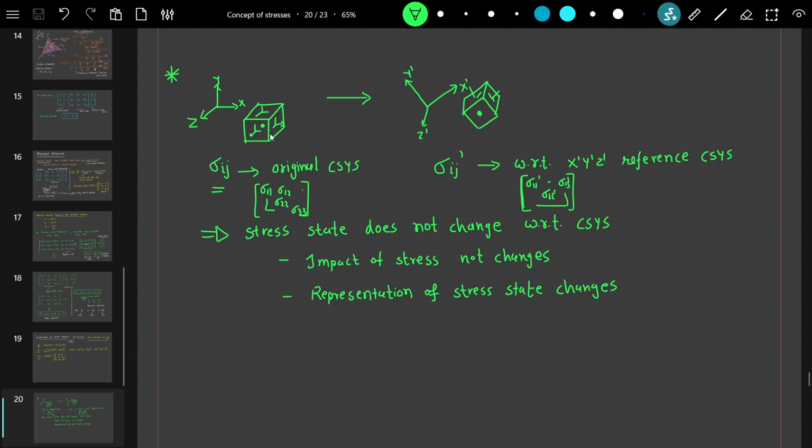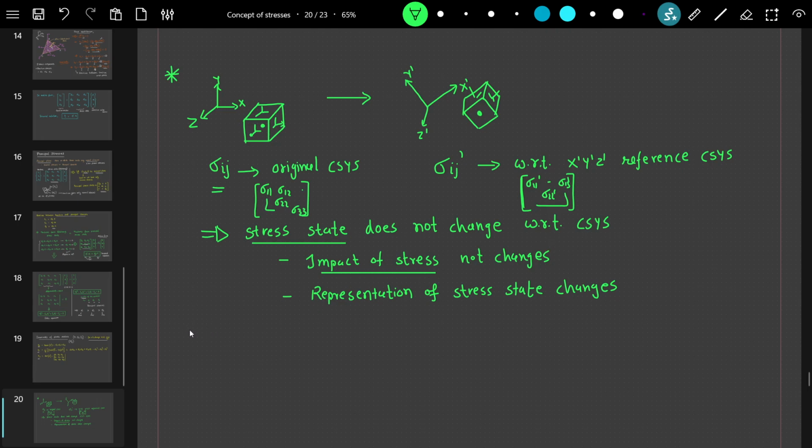Obviously the stress at a point cannot change, otherwise the deformation and strains would also change. So the impact of stress doesn't change. Same stress means the point is experiencing the same stress, deformation and strains. Only its representation is changing, the matrix terms will change. So the stress state doesn't change with respect to coordinate system.